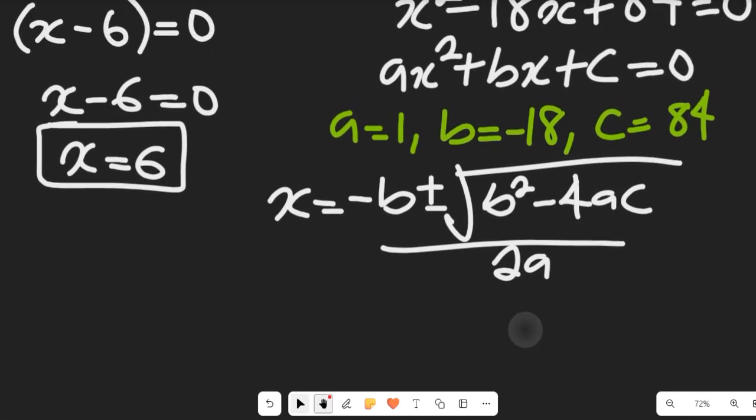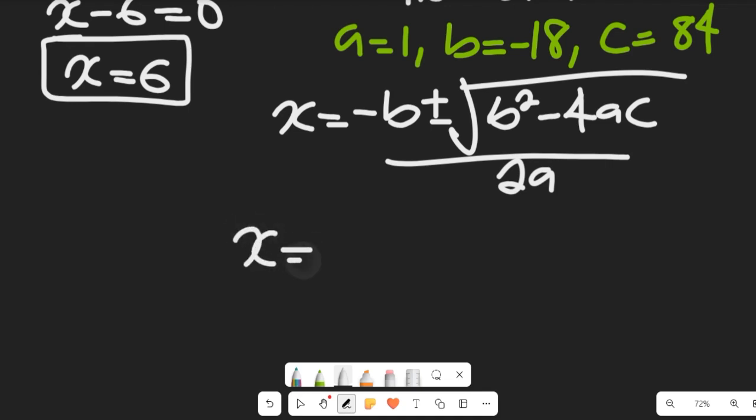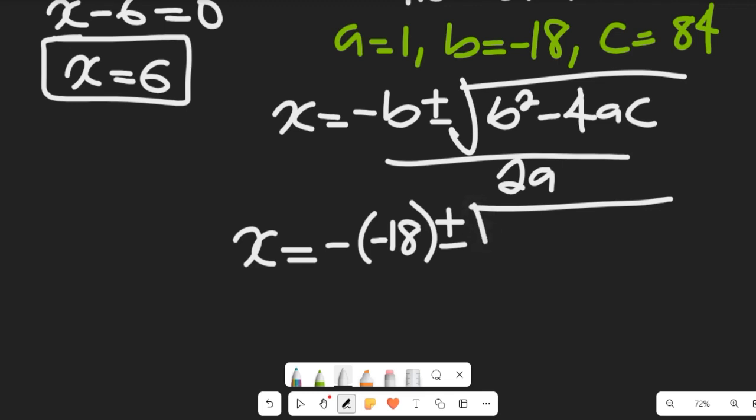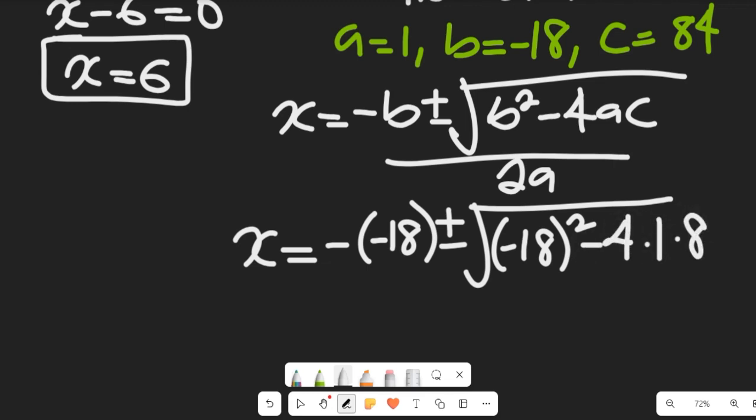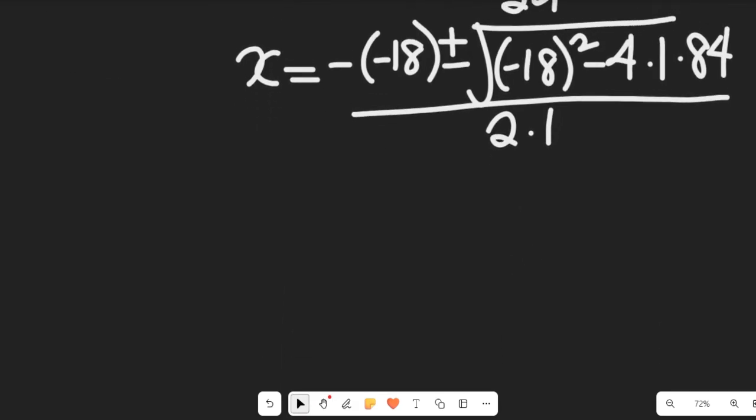With a equal to 1, we have x equal to negative multiplied by negative 18, plus or minus the square root of negative 18 squared minus 4 multiplied by 1 multiplied by 84, and all this divided by 2 multiplied by 1.